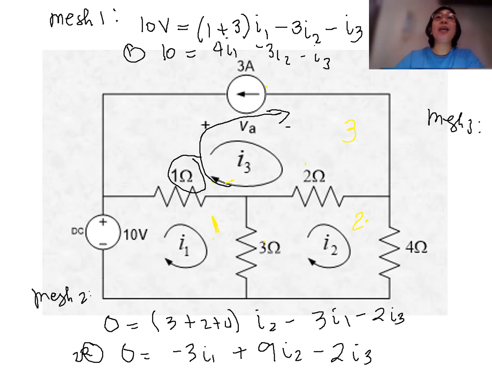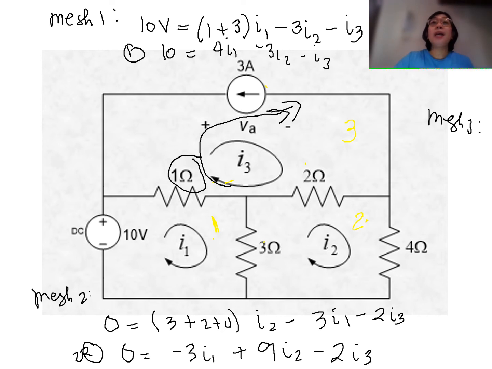However, as you can see, your I3 is flowing in this manner while the current source is flowing in the opposite direction. Therefore, they will share the same amplitude but differ in direction, and the difference in direction will be represented by a negative sign.